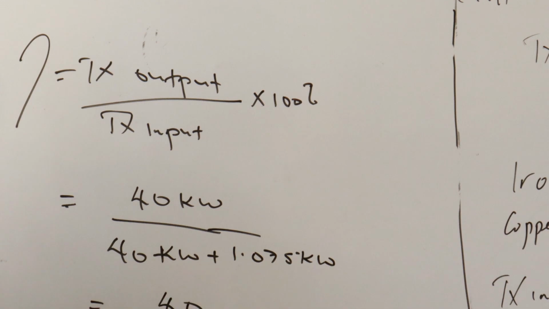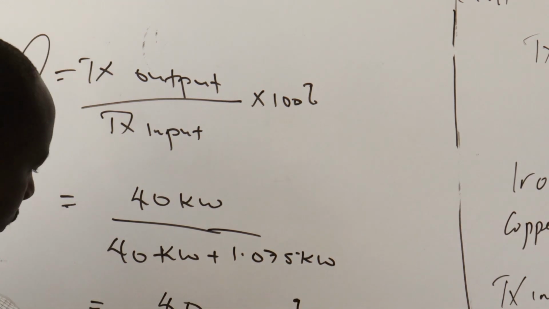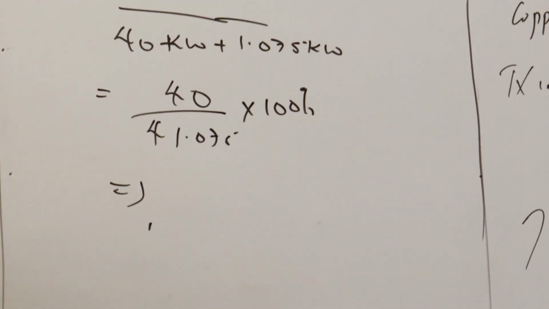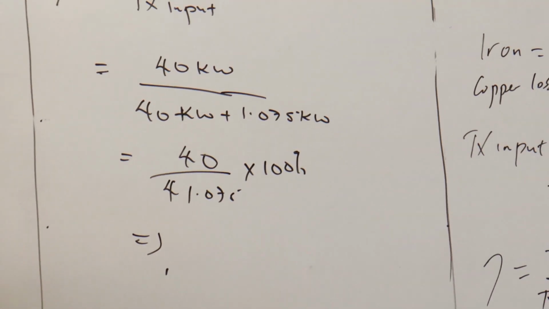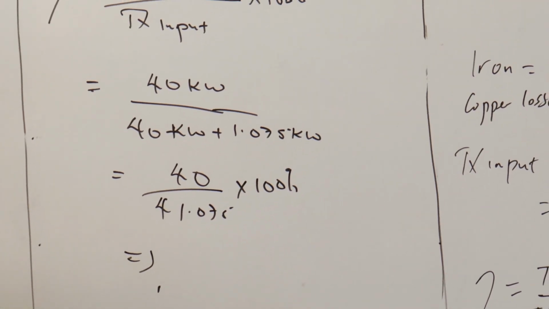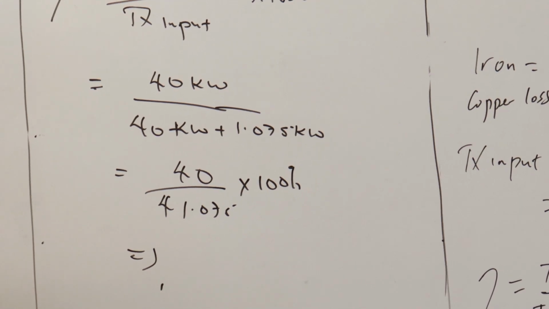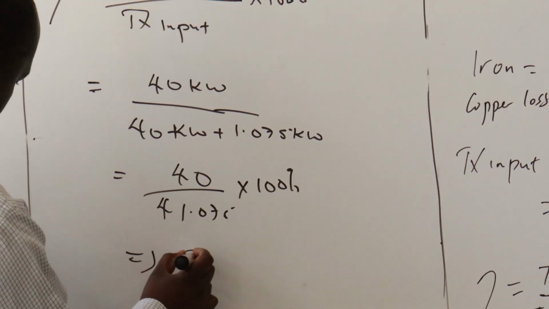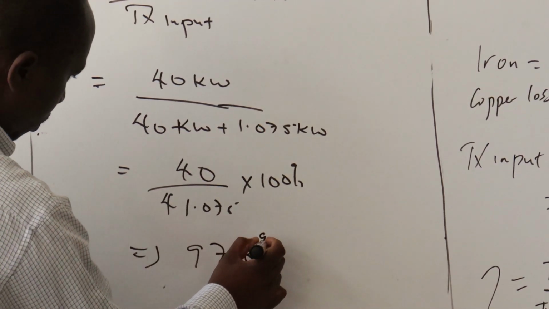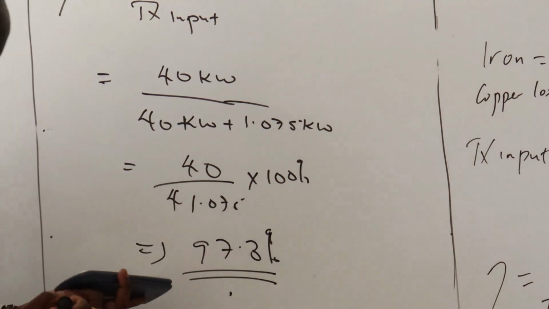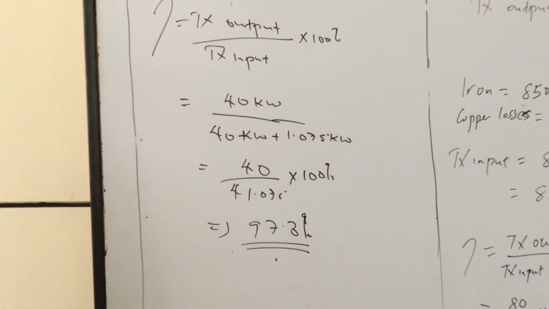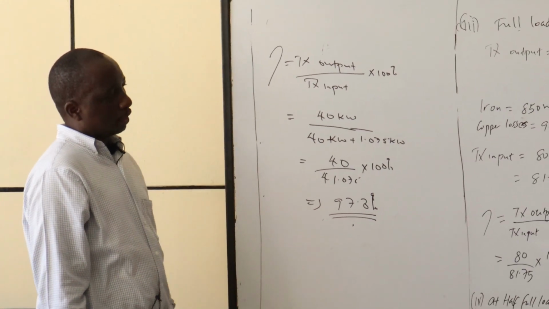This comes 40 over 41.075 times 100%. So we shall have 97.3%. So basically this is how we approach the equation.